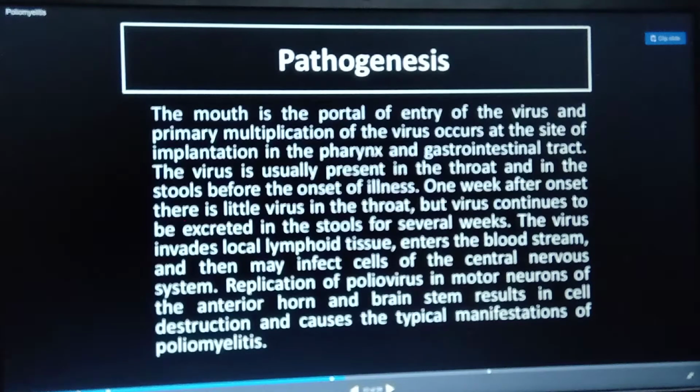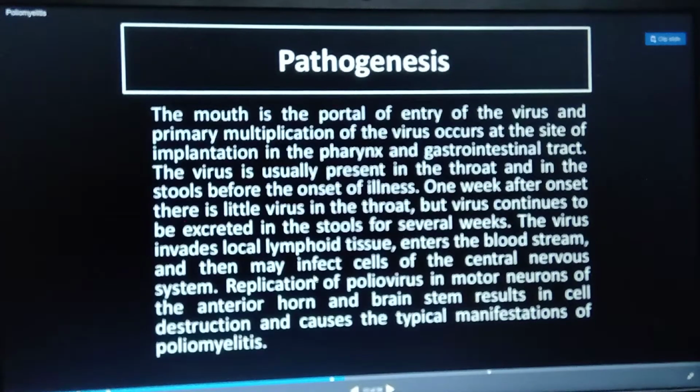Okay, and whenever it enters our nervous system, replication of the polio virus in the motor neuron cells causes damage. The brain stem cells are destroyed, causing the clinical manifestations, because the central nervous system controls your brain, our motor system and the regulatory system.